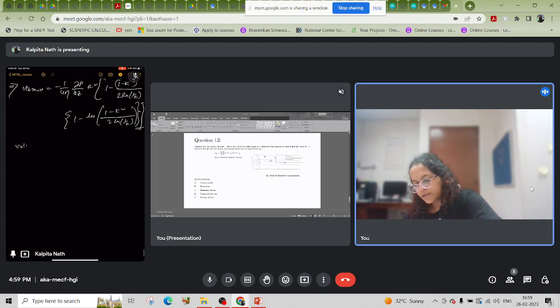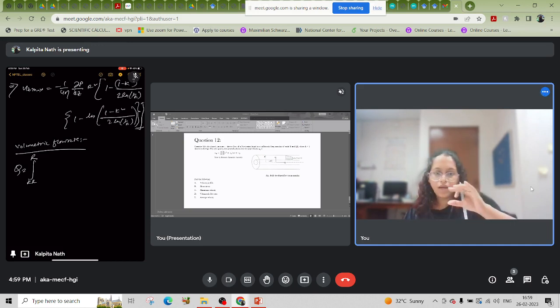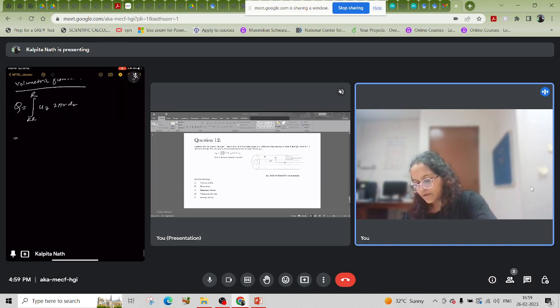Now volumetric flow rate Q is equal to integral from kappa R to R, because flow will be in the concentric annulus region only. So from kappa R to R, uz 2 pi r dr. I won't be solving everything.